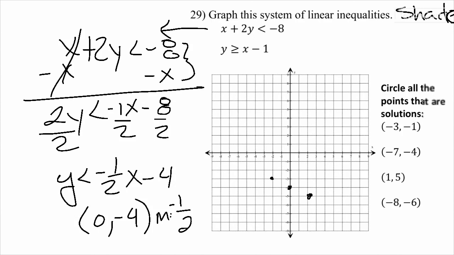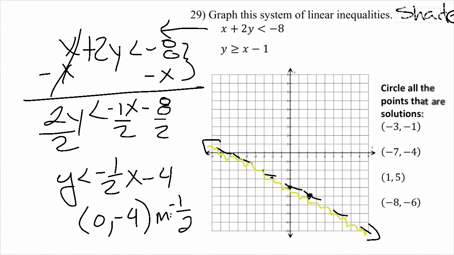And because there's no equal to line, that means it's dotted. So I'm going to dot my line, not very well. And less than means that it's going to go below. So I'm just going to put my little crocodile teeth below. And I love my colors. Okay, great. That one's done.